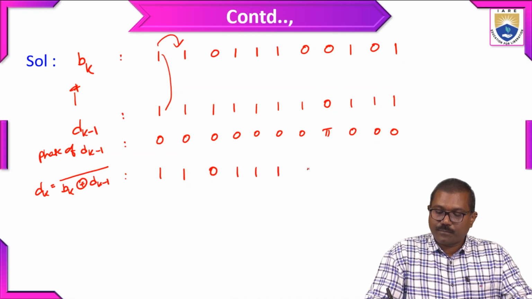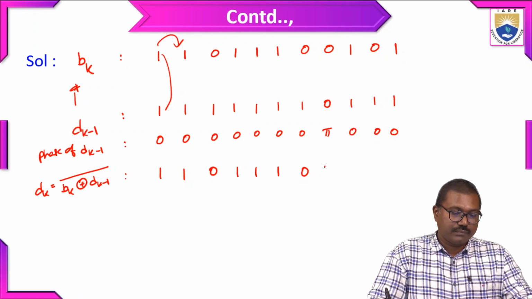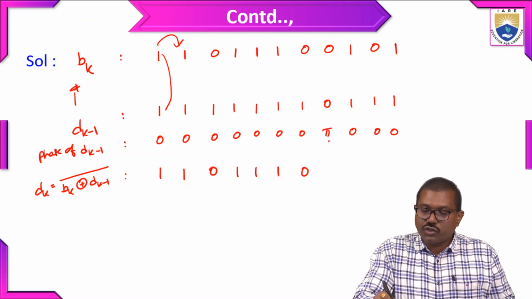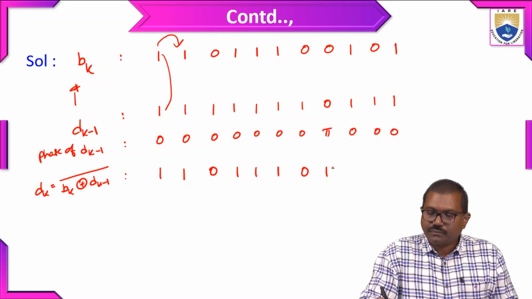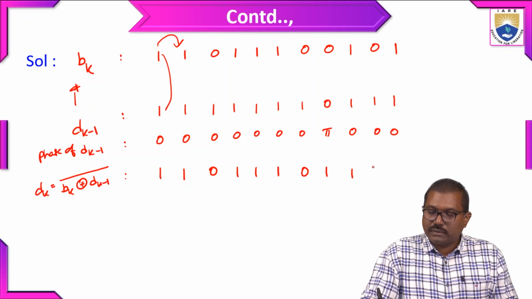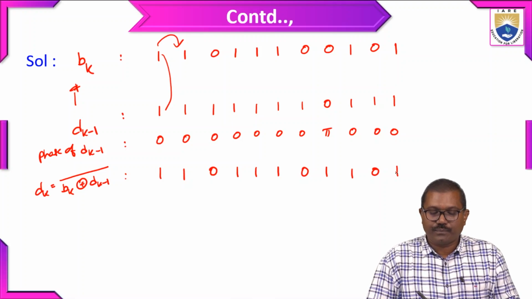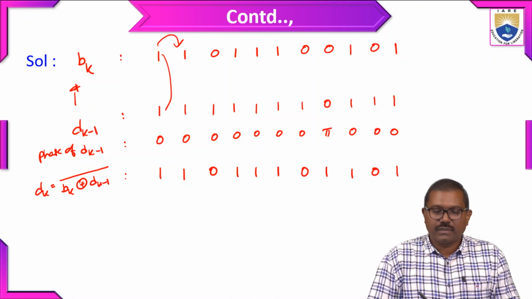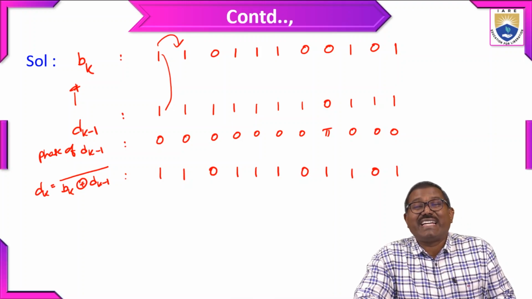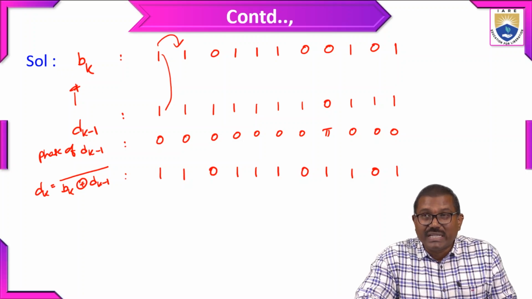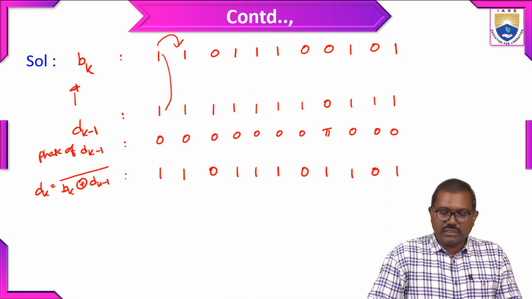Continuing this way, 0 and 0 gives 0, whose complement is 1. So d(k) is nothing but the complement of the XOR operation between b(k) and d(k-1). This is my d(k).